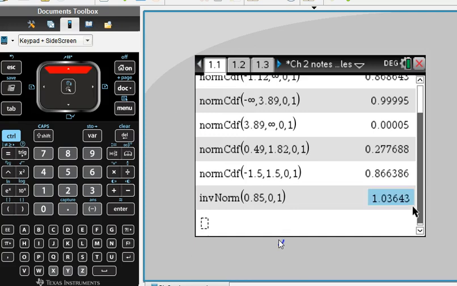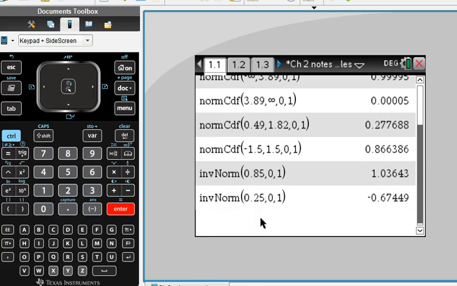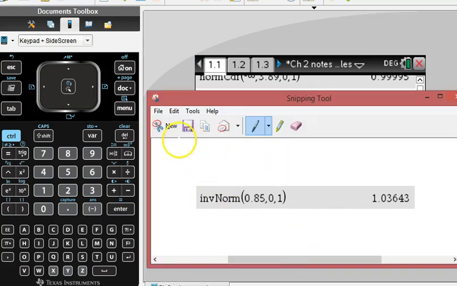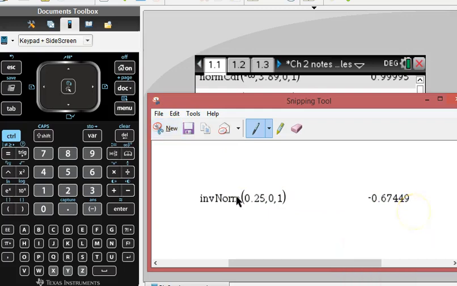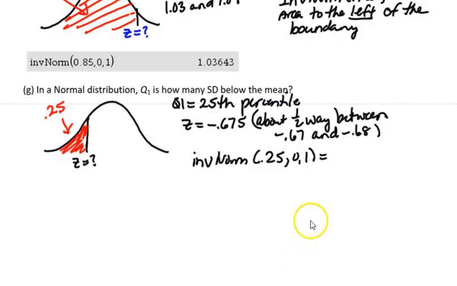So I'm just going to go up here and change this to 0.25. Negative 0.67449, so that's pretty darn close to 0.675, not bad at all. So I'm going to grab that. I like to copy and paste when I can. Control copy, and here we go.